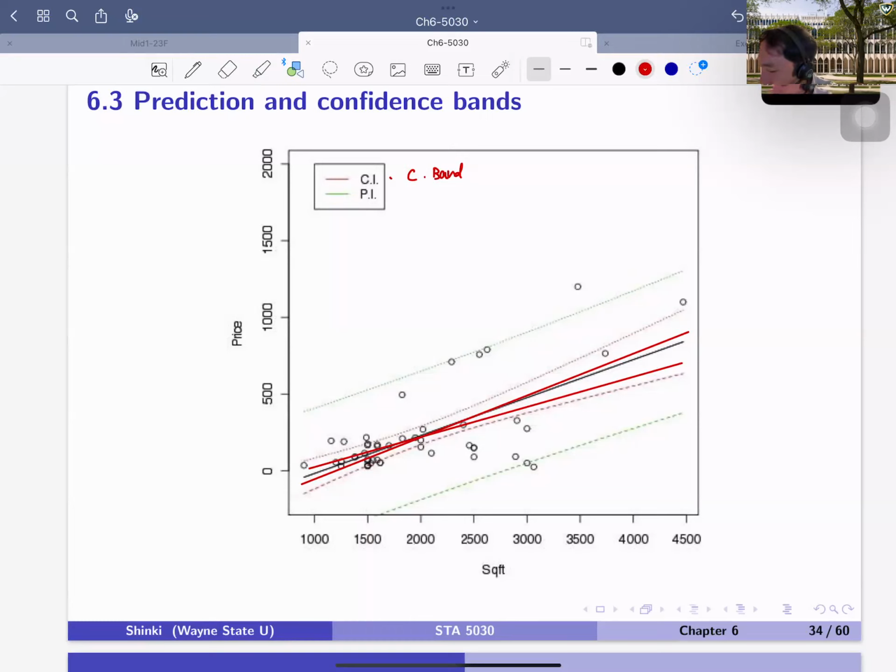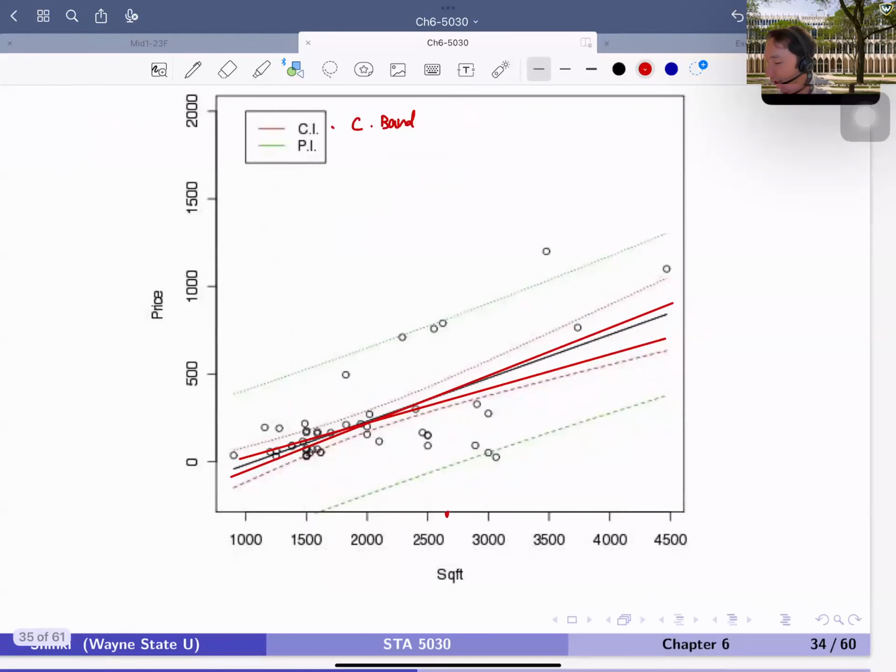So that's why this has the shape of a hyperbola: if the slope is slightly larger, then if the x value is far away from the center, this band gets wider, like this.